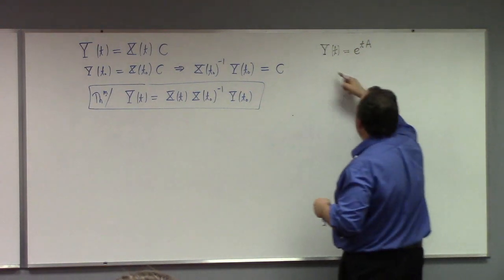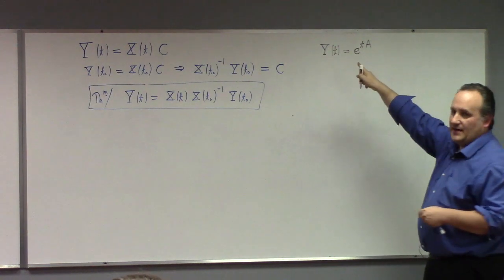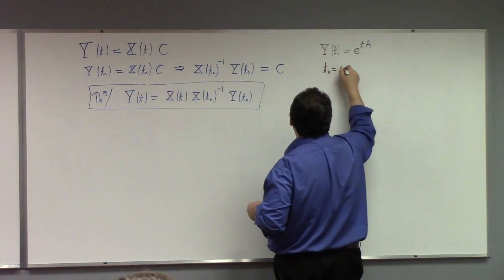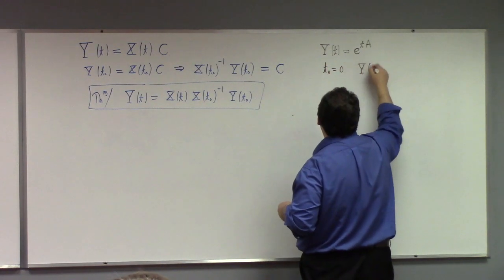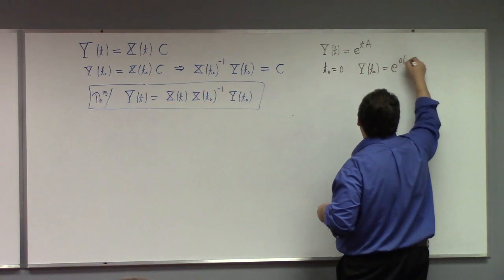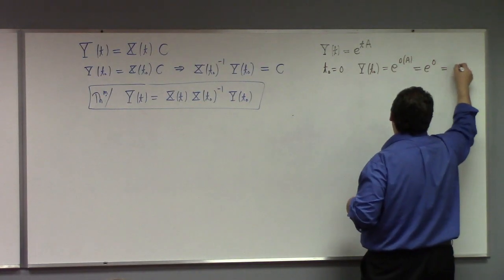Okay. Look at this, y of t equals e to the ta. If we think about t naught equals 0, then what's y of t naught? 0 times a, right? Also known as e to the 0, also known as the identity matrix.